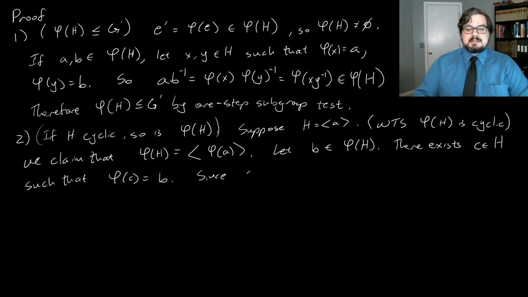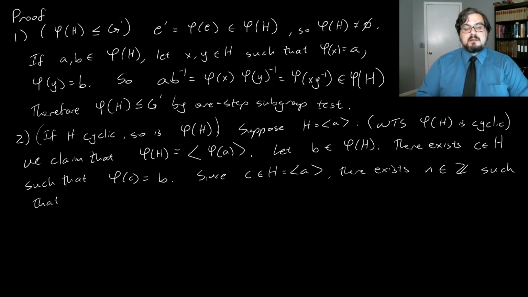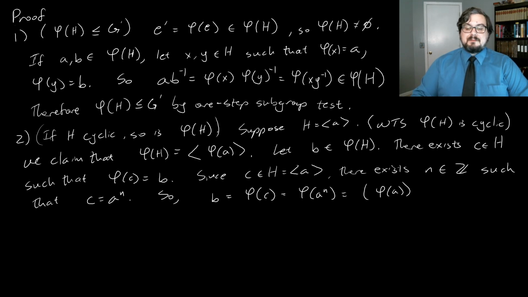But since C is in H, which is the cyclic subgroup generated by A, there exists some integer n such that C is equal to A to the n. So this means that B is equal to phi of C, which is equal to phi of A to the n, which we know by the previous theorem is phi of A to the n.